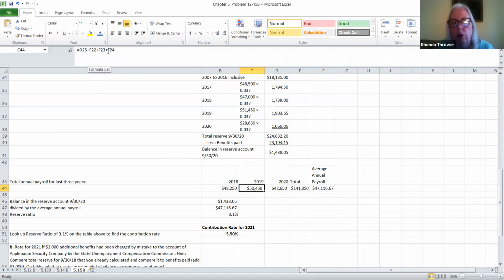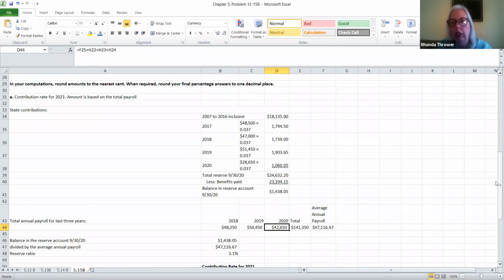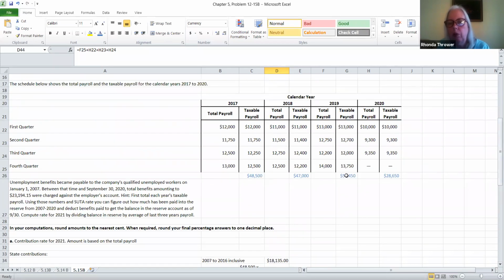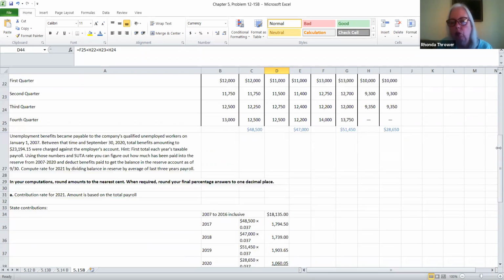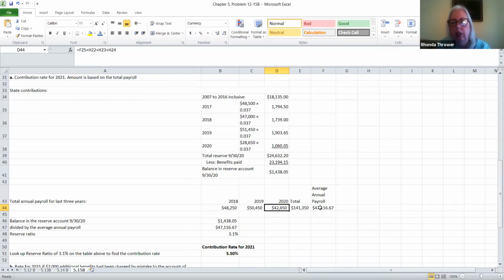Again, you can see where the formula up here is showing you how I get this amount. For 2020, I'm going to take my total payroll in the last quarter of 2019, and I'm going to add these first 3 quarters of 2020 to it. That gives me this.